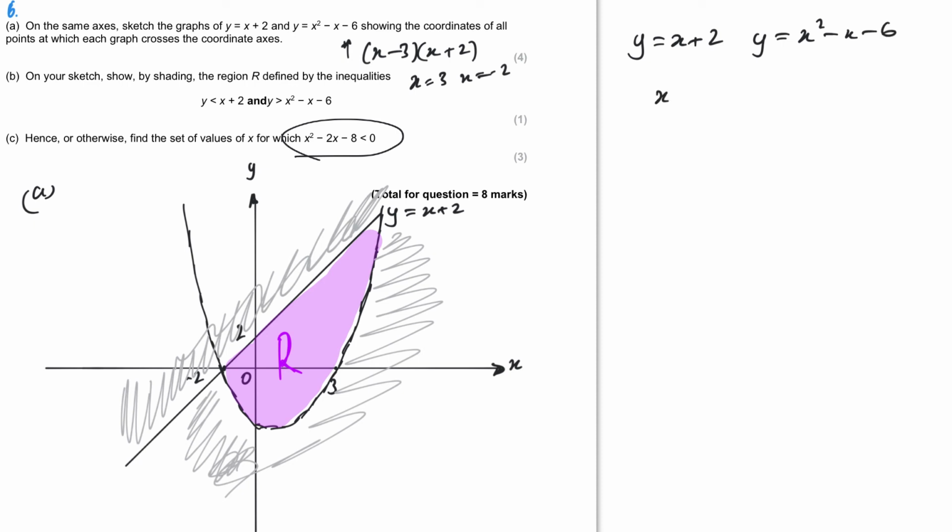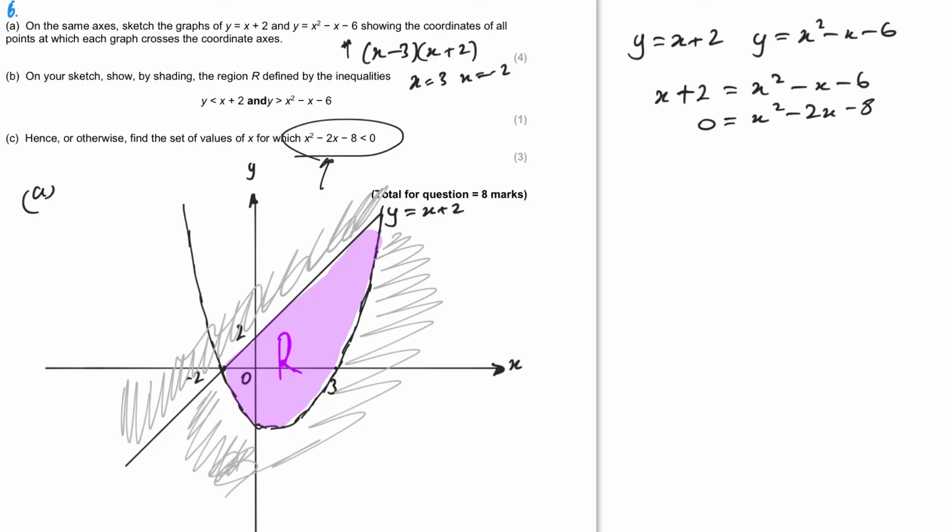So put these two together in terms of essentially them intersecting. So x plus 2 equals x squared minus x minus 6. So we can see that x squared minus 2x minus 8. Oh look, it happens to be exactly the same as what it wants us to find.